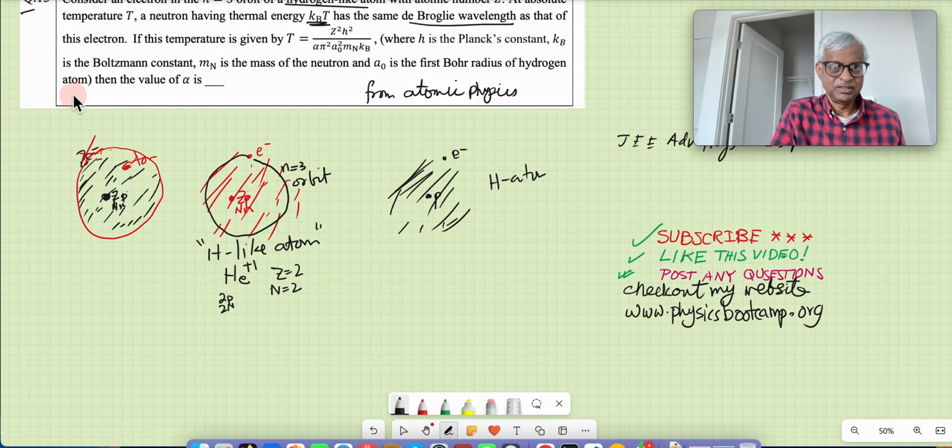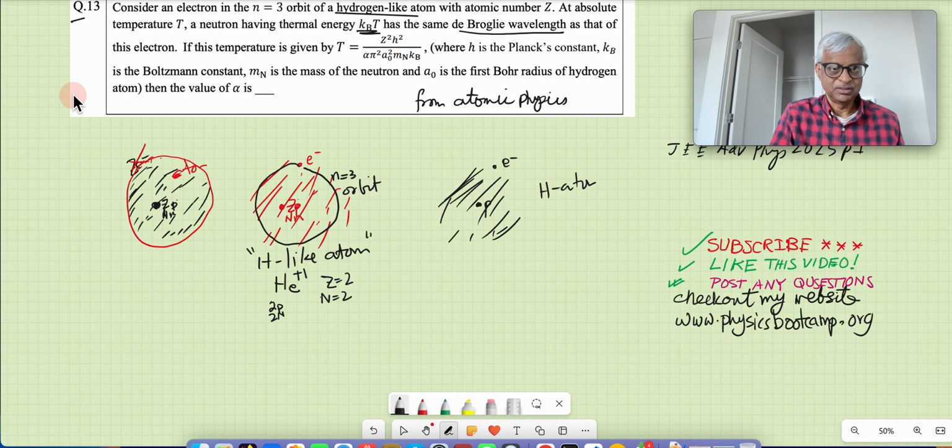The other thing to understand this question is to understand what de Broglie wavelength is. It's a French name, so a whole bunch of letters are written down without being pronounced.